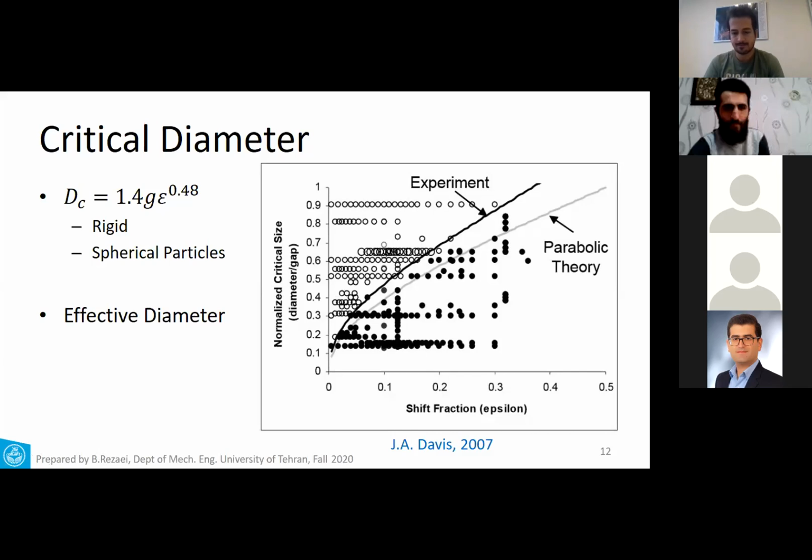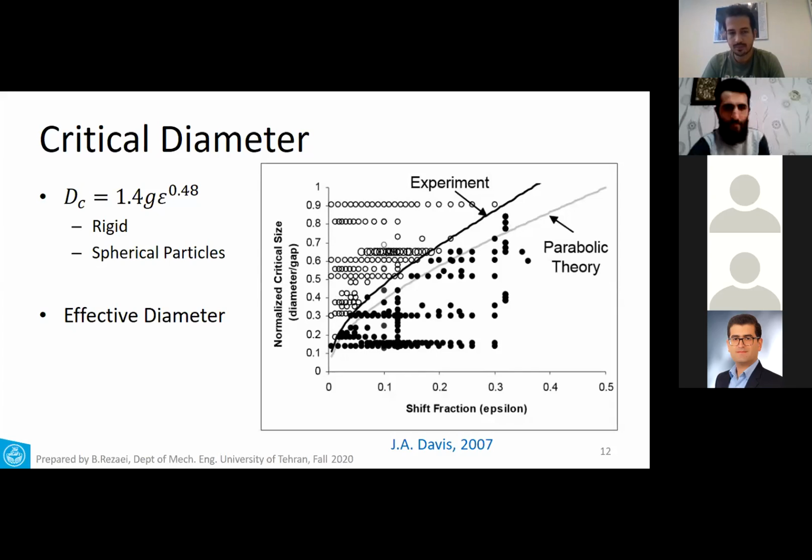But something is important to mention, that this has been done for rigid and solid particles. It has not been done for red blood cells, white blood cells, or this sort of thing. It has been done for polystyrene beads that are very rigid particles, and for spherical particles. As you already know, many bioparticles, even red blood cells, are not spherical.